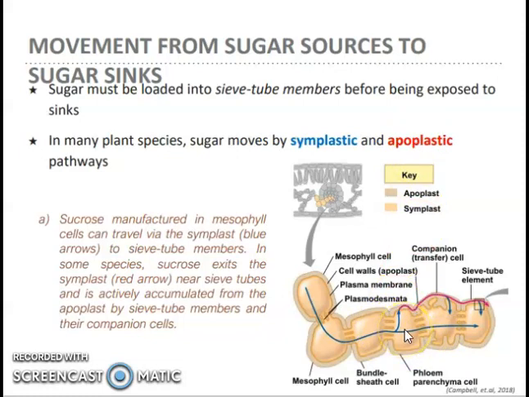In general, sucrose manufactured inside the mesophyll cell uses the symplastic pathway to translocate into the sieve element, but some other plants diverge in direction: when it enters the phloem parenchyma cell, it passes out into the apoplastic pathway before going inside the sieve element. This is another alternative for some plants in the transportation of sucrose molecules inside the plant tissue.